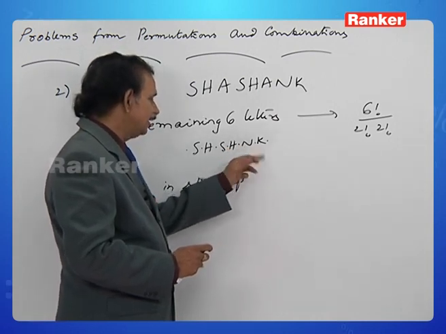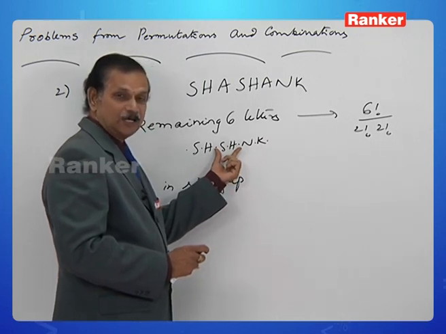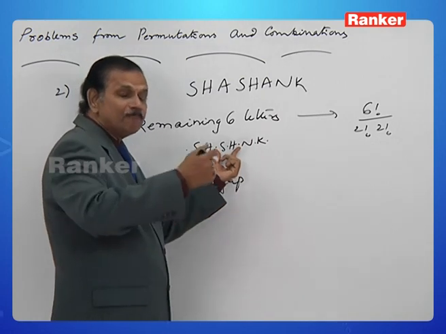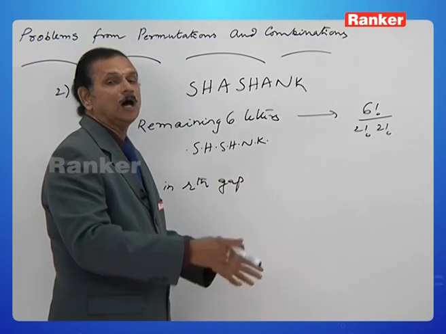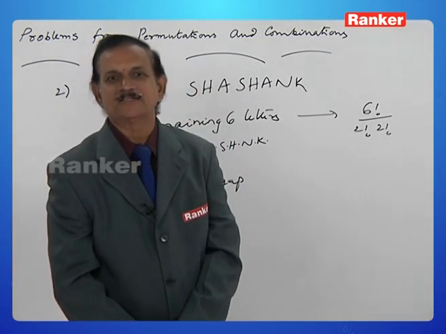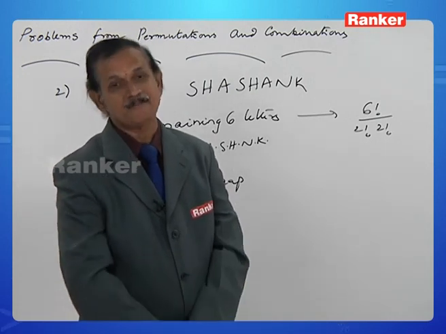Here or here? You are supposed to leave these 2 blank places. So how many blank places are still remaining? 7 minus r minus 1 places are remaining.